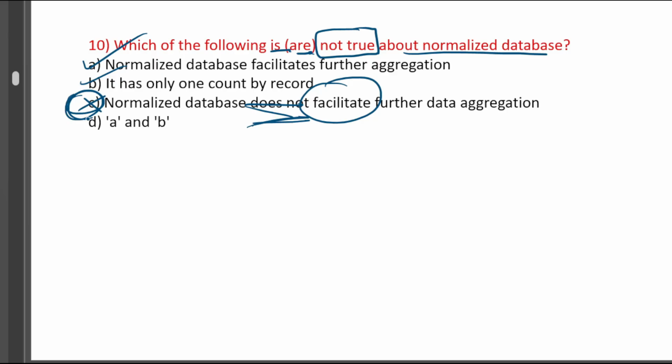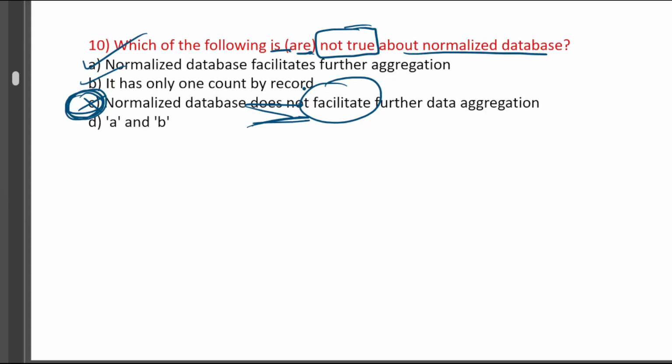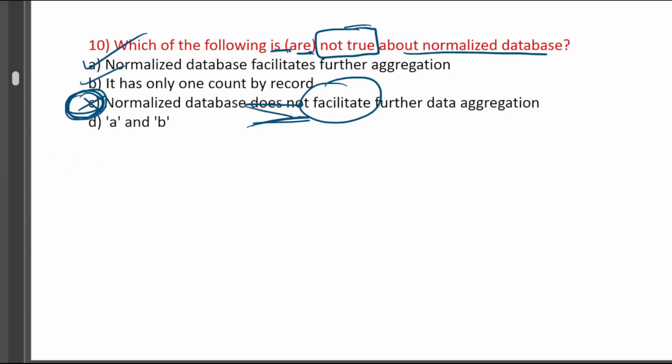Therefore we have taken option number C as the answer, because they have asked what is not true regarding the normalized database. The other statements, that the normalized database facilitates further aggregation, and that it has only one count by record, are correct. So we got the answer for our question. Please remember the question and the answer.